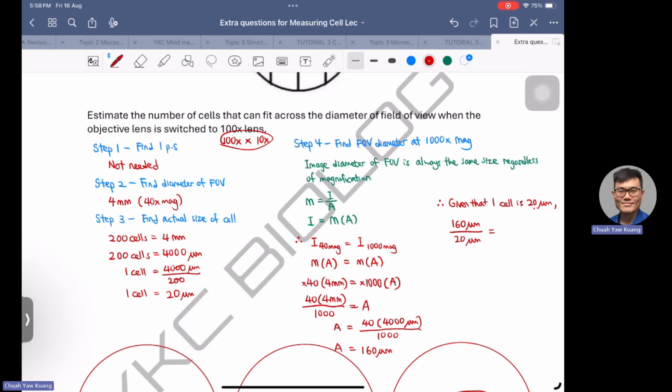That means it would be 8 cells in total. You can fit 8 cells across the diameter here.